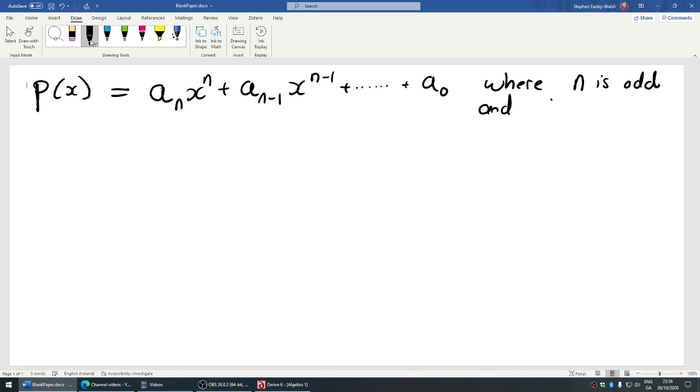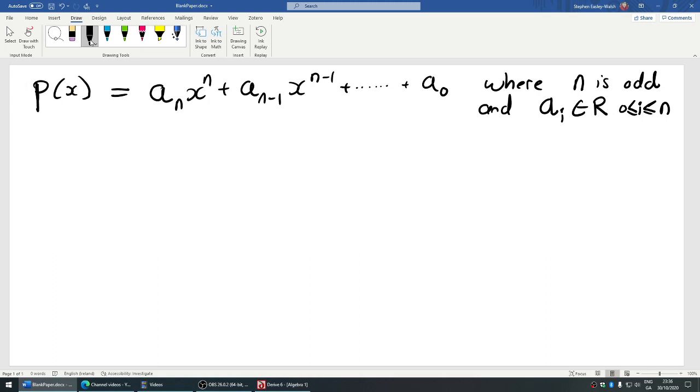and a_i is real, where of course i is between 0 and n. All the coefficients are real, and it's an odd power for n.